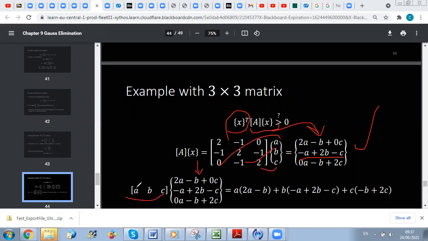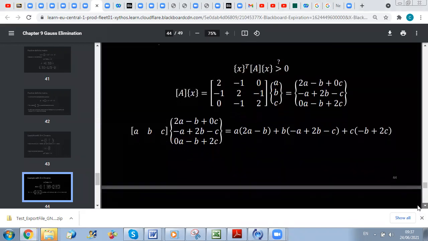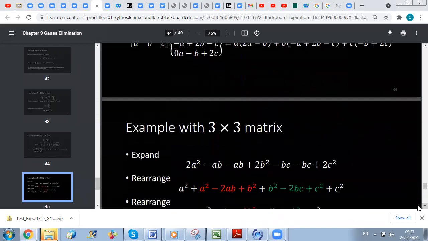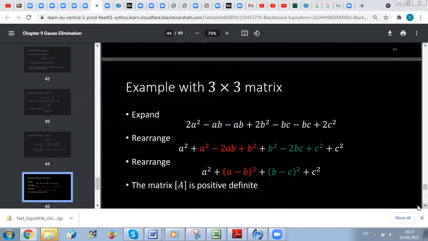So now we proceed. We have A times 2A minus B plus 0C plus B times minus A plus 2B minus C plus C times 0A minus B plus 2C. And now we can try to expand this form and rearrange terms to be sure that it's always positive.